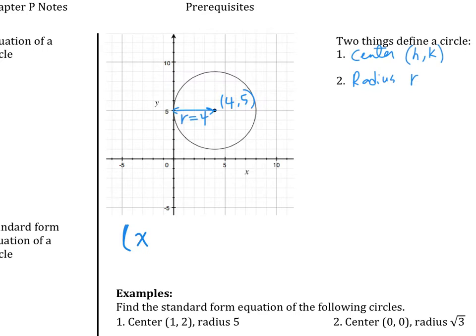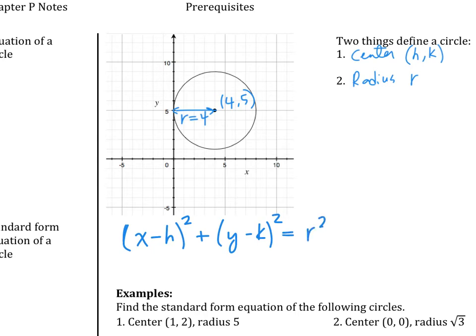Someone else? No, minus. Minus. Because it's always minus. And then what? Plus. Plus y minus k squared. Yes. y minus k squared, and then equals r squared.